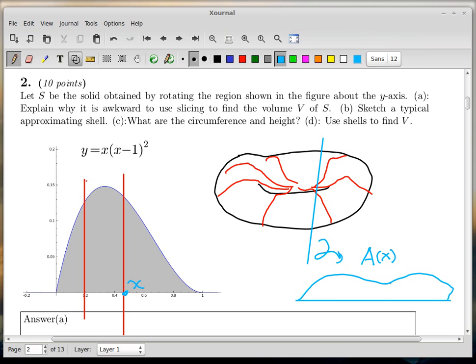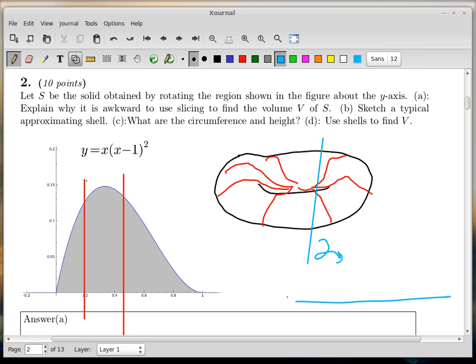The problem is that that's hard because it's not just like a circle that just depends on the radius. This seems to be a more complicated shape, and I'm not really sure how to write down a formula that describes the area in terms of x. So that's the basic reason you can't cut it vertically.